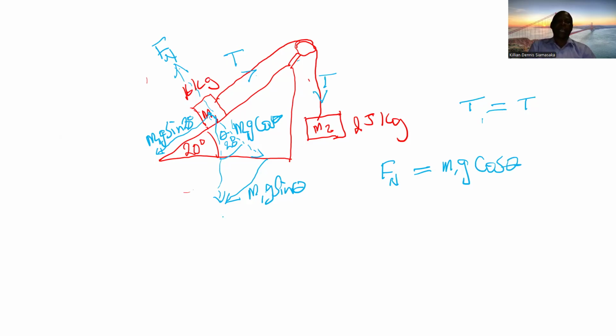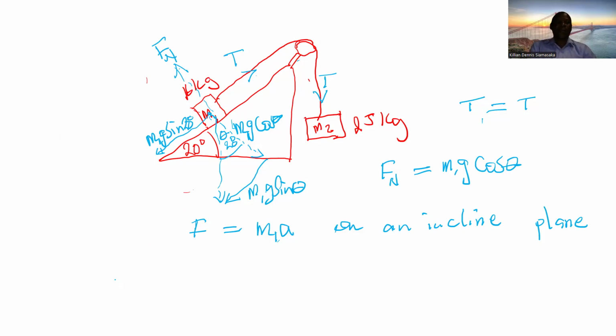And from the basic understanding of acceleration, we know that force is equal to mass 1 multiplied by acceleration for this object on an inclined plane. So for this object, this is its acceleration.